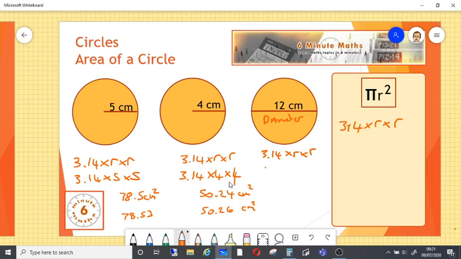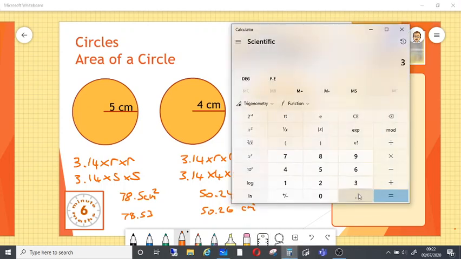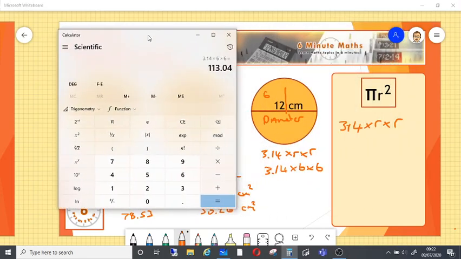So 3.14 times by 6 times by 6, because the radius is half the diameter, so it's 6. That gives me a value of 113.04.